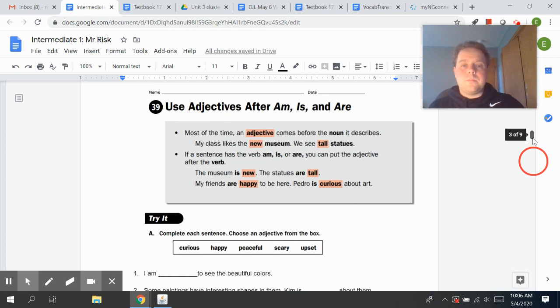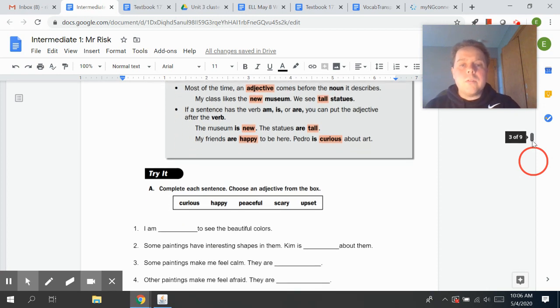All right, so let's look up here. Use adjectives after is, am, and are. Most of the time, an adjective comes before the noun. My class likes the new museum. We see tall statues. If a sentence has the verb am, is, or are, you can put the adjective after the verb.